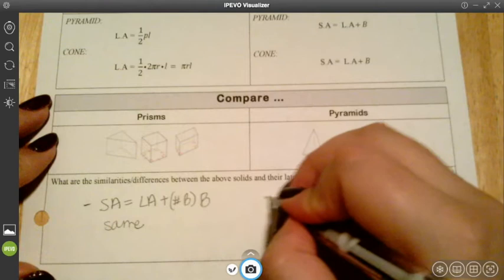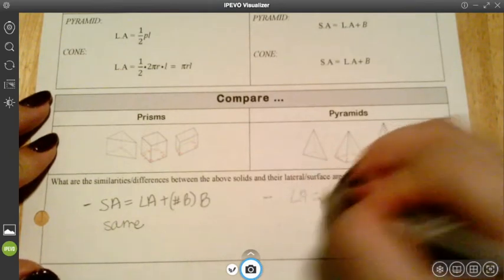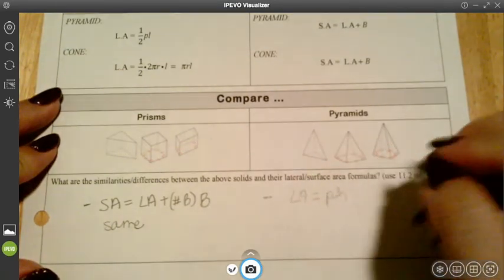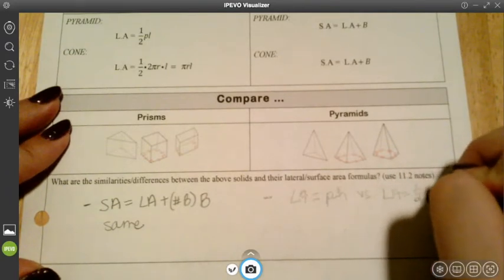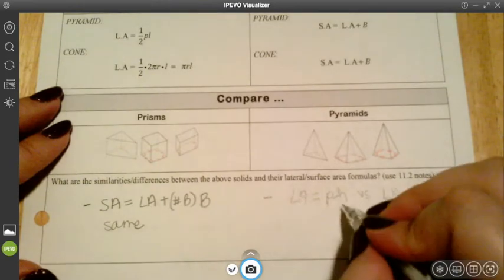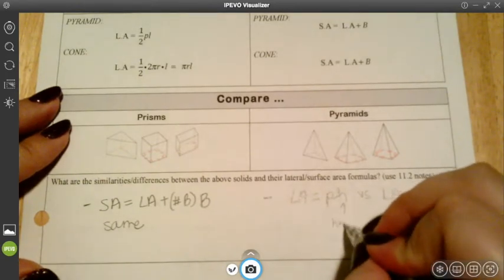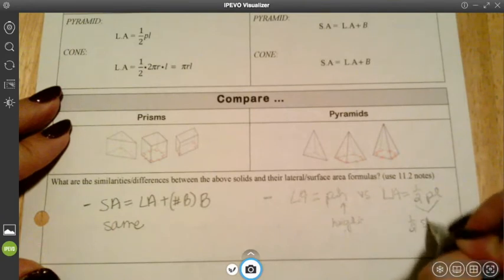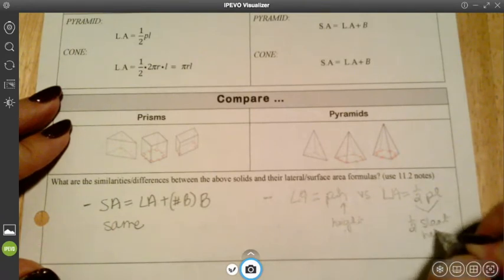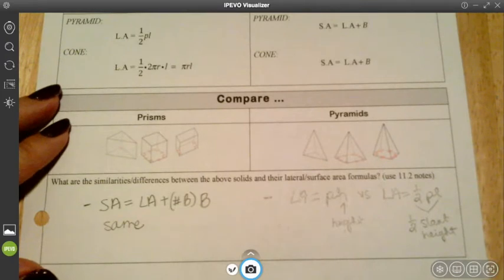Something that's different, lateral area equals pH versus lateral area equals 1/2 pL. So this is height, this is 1/2 slant height. They both have perimeter, but they use different heights.